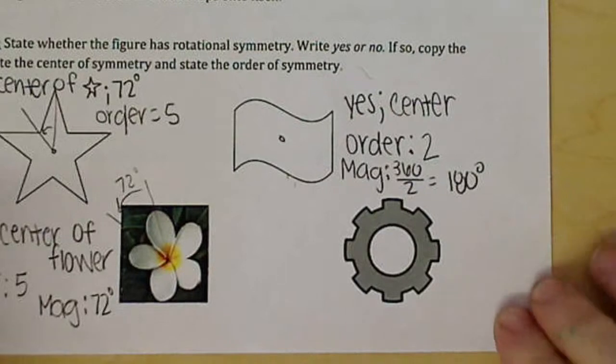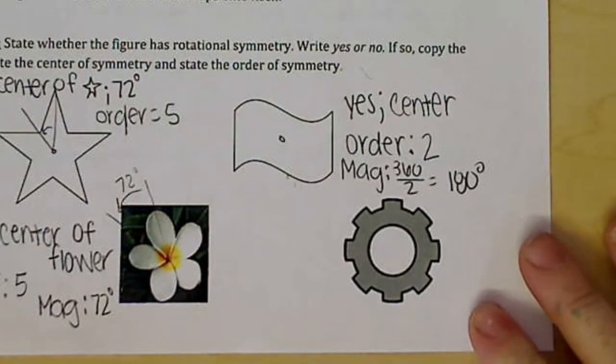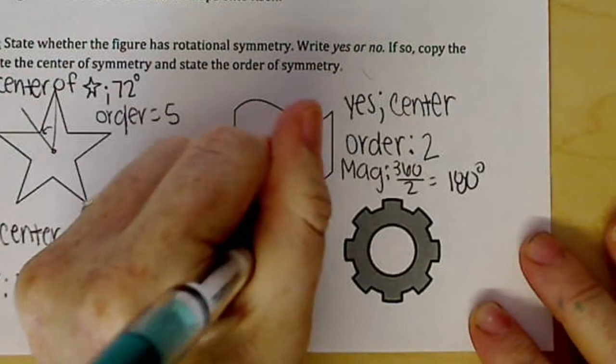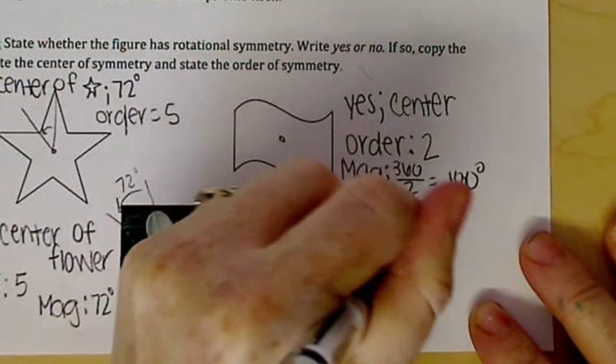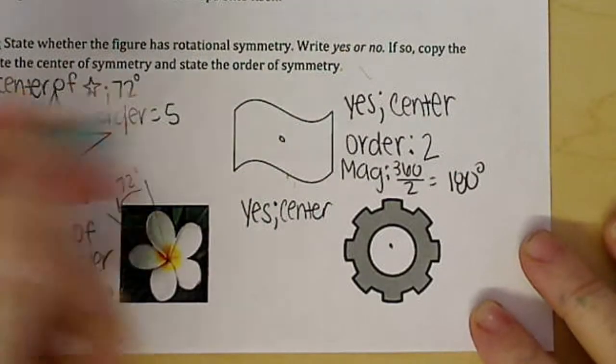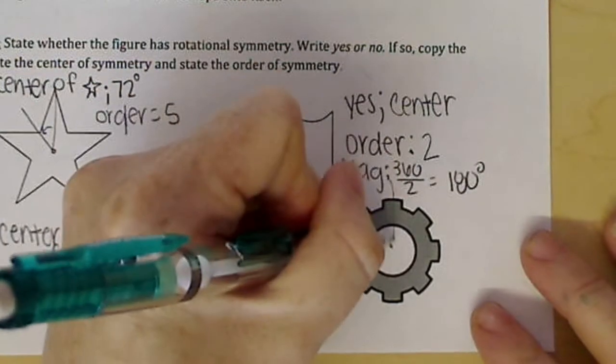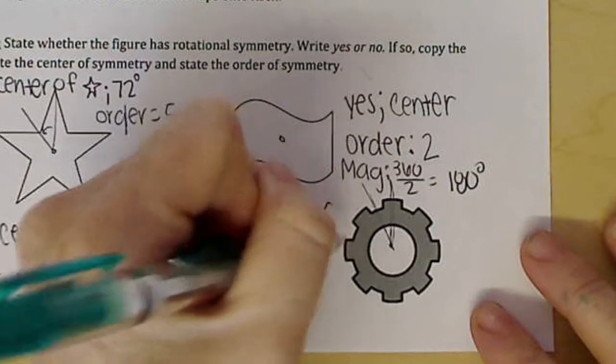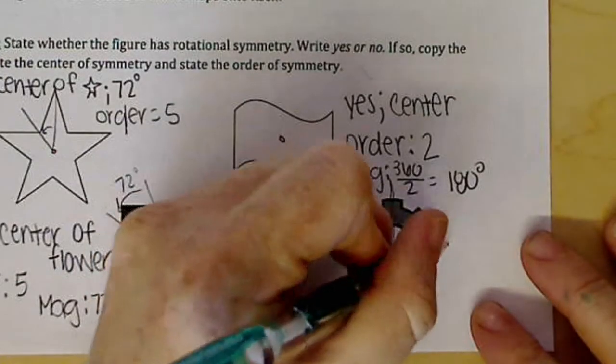Okay, let's look at this gear over here. It definitely has rotational symmetry. And the center is still the center. So let's talk about order here. We've got 1, 2, 3, 4, 5, 6, 7, 8.